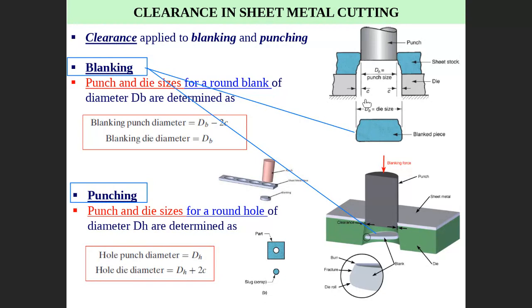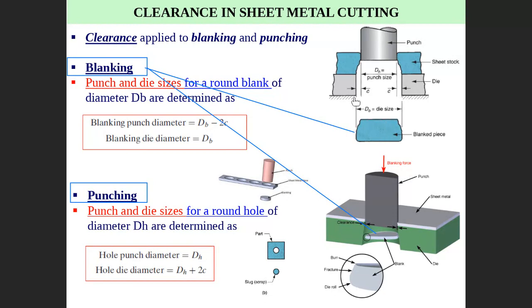In case of blanking, you focus on the blank. A blank here is the die. If I would like to get a blank of 150 millimeters, then die diameter must be fixed at 150 millimeters. What about the punch? Punch must be this 150, or the blank diameter minus 2C.